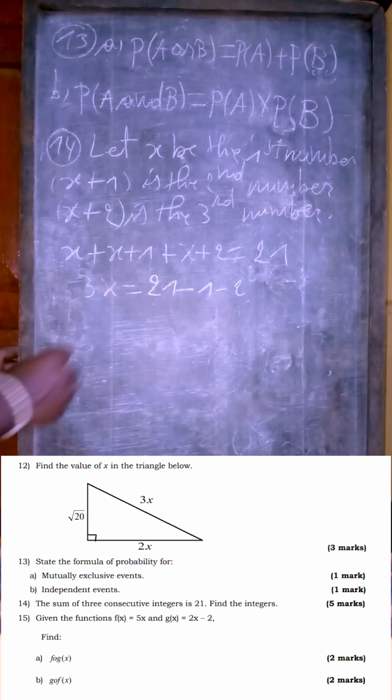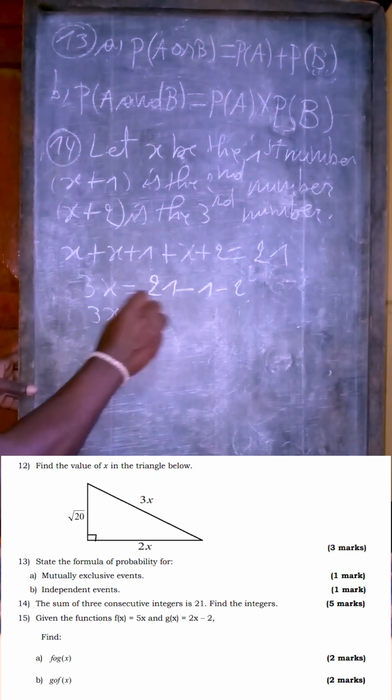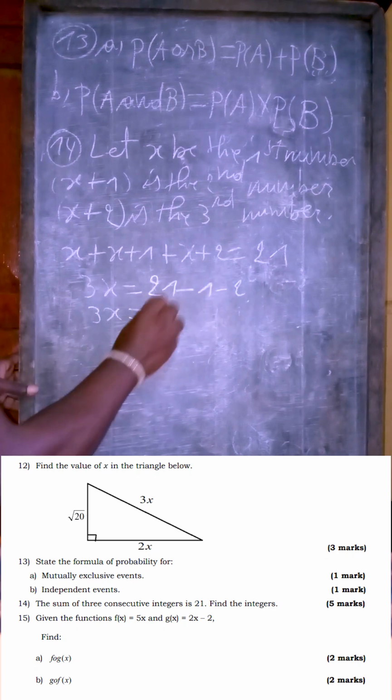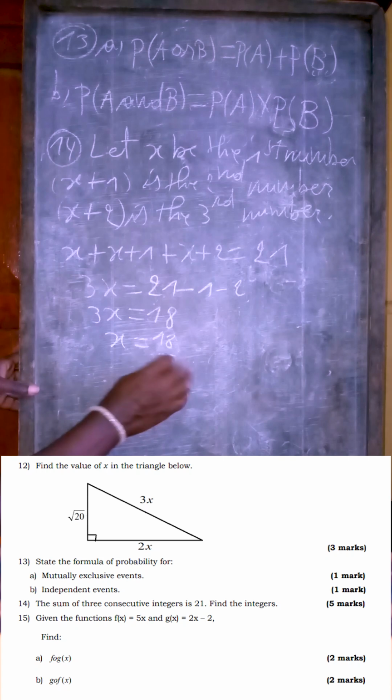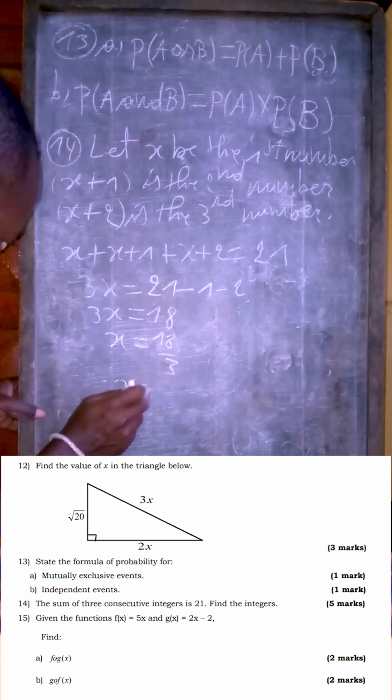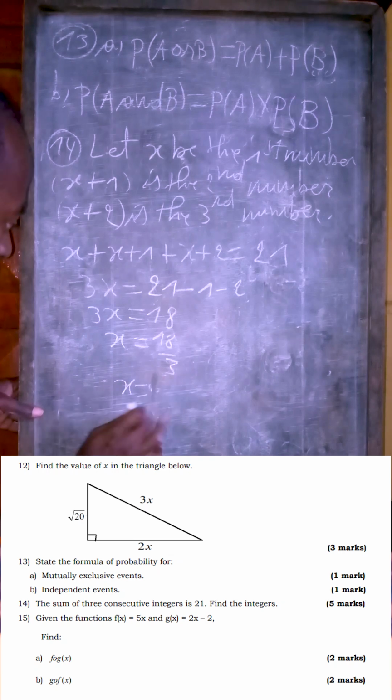Then 3x is equal to 18, and then x is equal to 18 over 3. By solving, x is equal to 6. Let us come here.